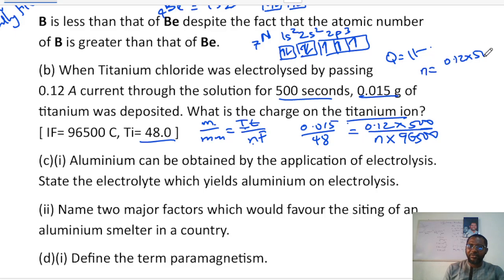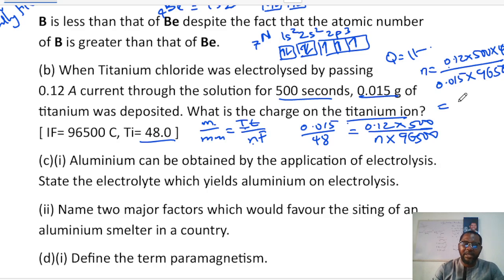0.12 times 500 times 48, now divided by 0.015 times 96500. Okay, so let me use my calculator. Permit me to do that quickly.